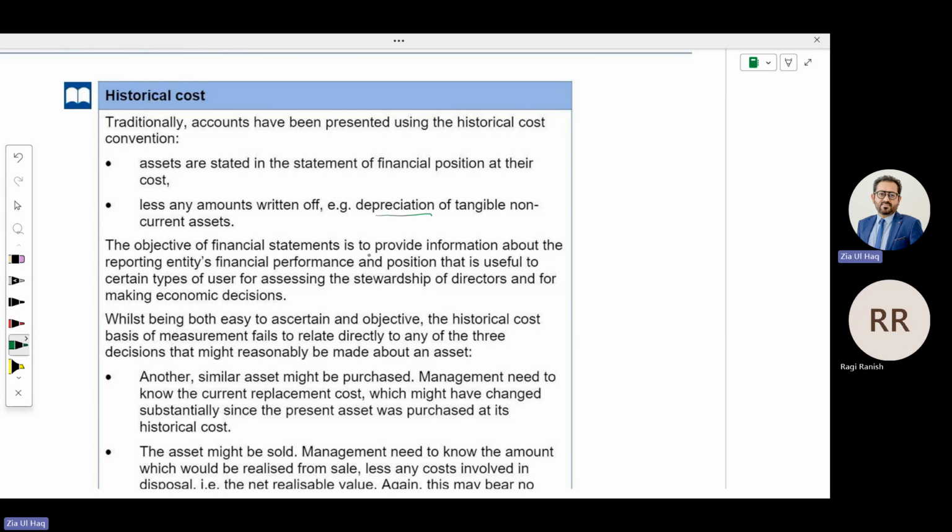The objective of financial statements is to provide information about the reporting entity's financial performance and position that is useful to certain types of users in assessing the stewardship of directors. What does stewardship mean? Stewardship is a concept which means managing the property of others.